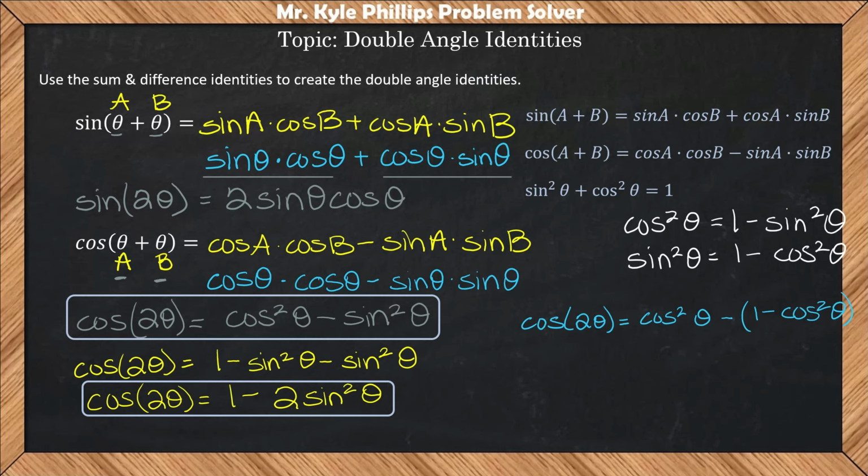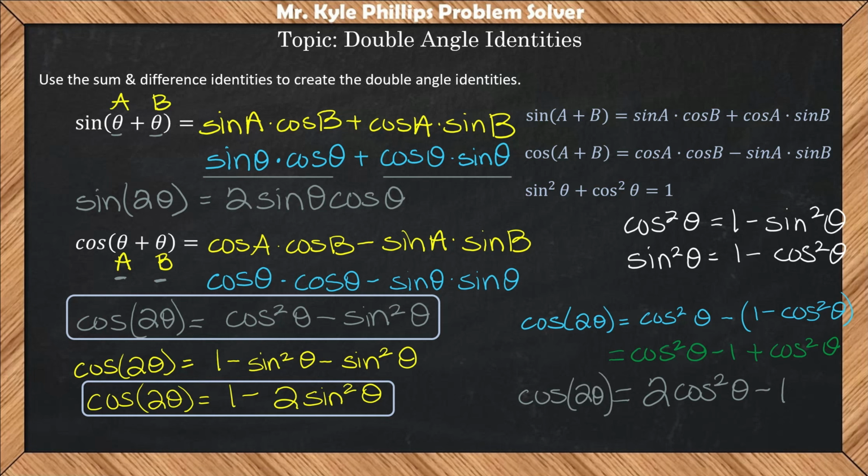Here I'll distribute the negative, and that gives me cosine squared theta minus 1 plus cosine squared theta. Now we have cosine squared plus cosine squared. This is 2 cosine squared theta minus 1, and that equals cosine of 2 theta.